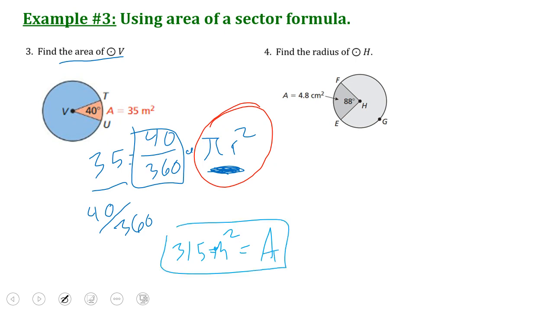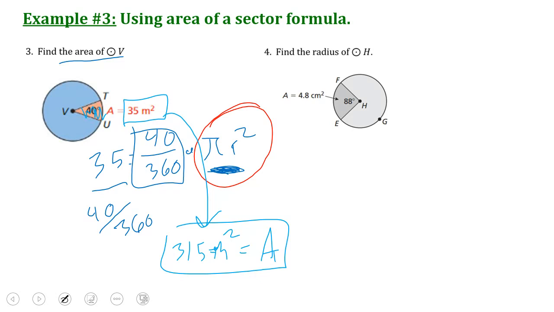So now we're done. We didn't have to do a whole ton of stuff. We just need to divide it by the part. And that makes sense too, because look how small this is, and look at the area, 35. Well, boom, we just got a whole lot bigger. So that makes sense for our answer.